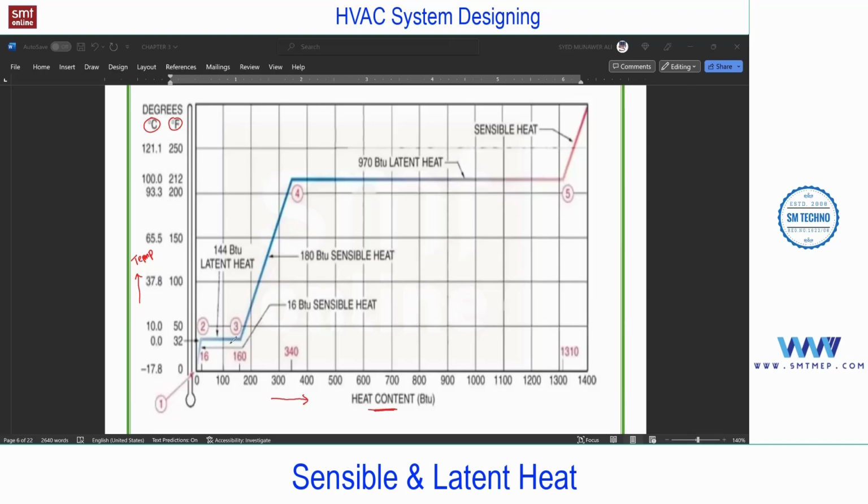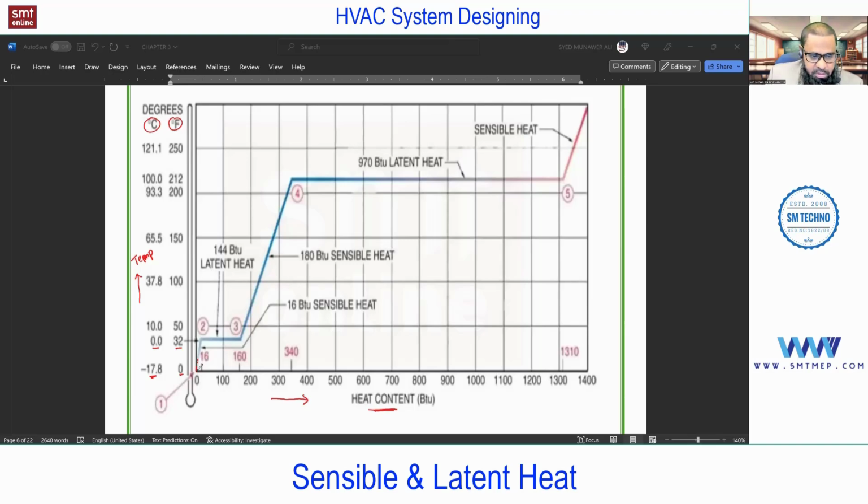At 32 degrees Fahrenheit or 0 degree centigrade, the state of water is what? Solid or liquid? Solid. And below that temperature, suppose I consider minus 17.8 degree centigrade, or 0 degree Fahrenheit, it is solid.